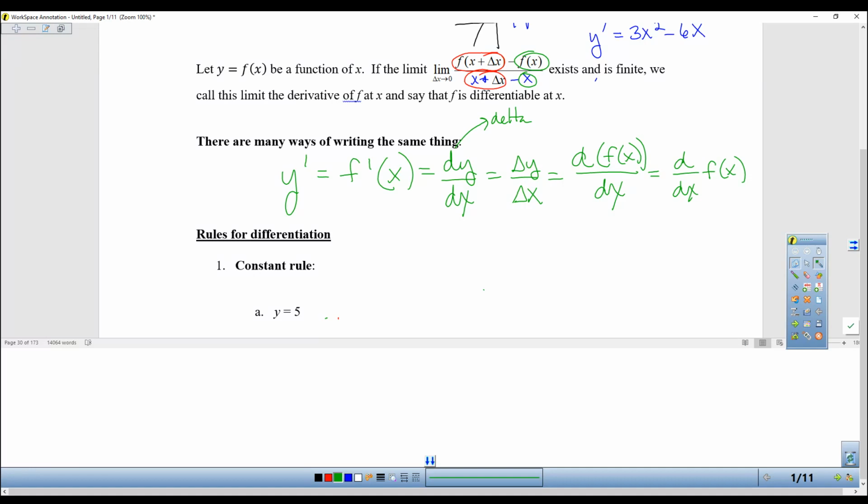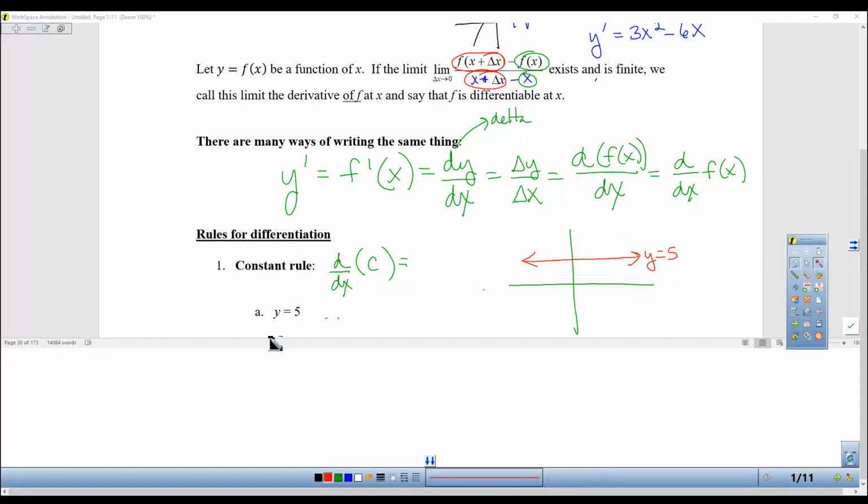The first one is the constant rule, and that says that if you're taking the derivative of, so remember parentheses means of, a constant function, what is the answer going to be? Think about that. Derivative means slope. So if I have a constant function like y is equal to 5, what is the slope? There's no formula needed.